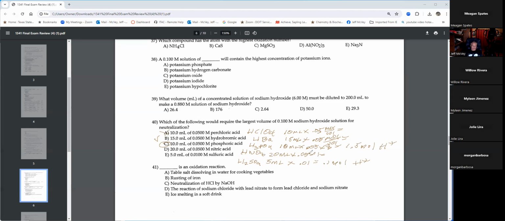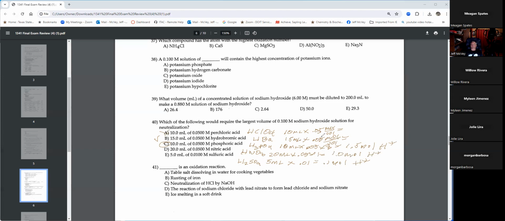This one here, I've got 20 times 0.05 times 1, which is 1 mole of H plus.